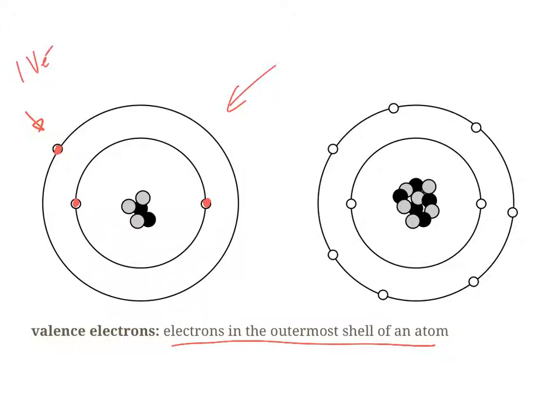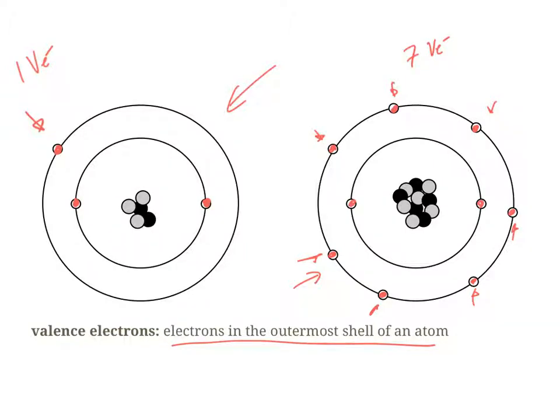Whereas this atom on the right-hand side has 9 total electrons, but in the outer shell it has 7 electrons. So this one has 7 valence electrons. And by looking at this, I can identify where these atoms are on the periodic table, but we'll talk about that in a minute.